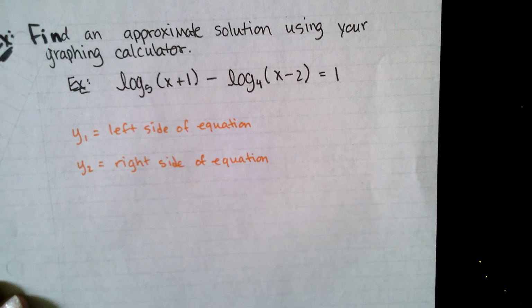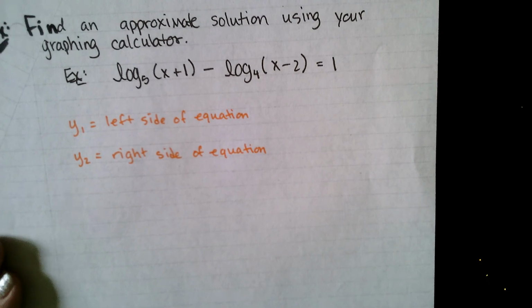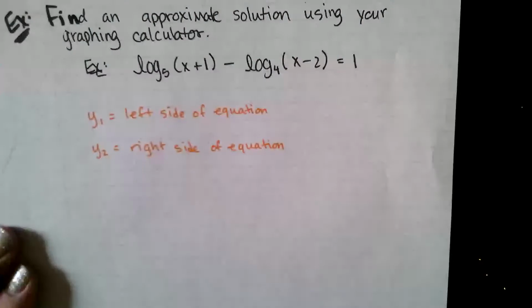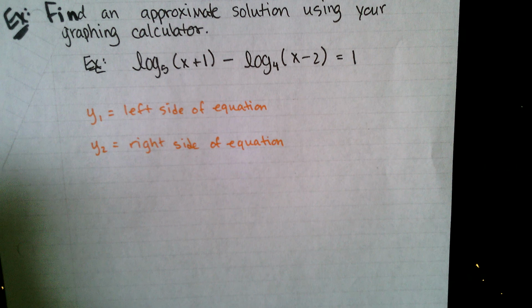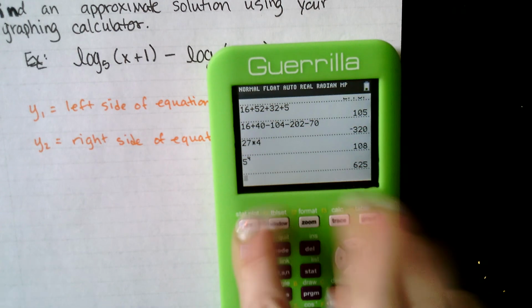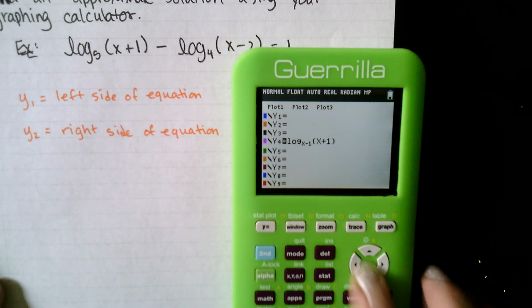Now, if you have the log base feature in your calculator, this is going to be a lot easier for you to graph. If you don't have the log base feature, you're going to have to use the change of base formula. So I have it. Clear. Oh, I have a lot of things in here.